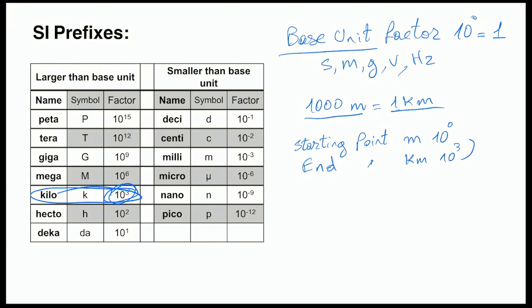What we're going to do is take the difference between the two, and the difference is going to be 10 to the power of 3. We subtracted 3 and 0, and we got the answer of 3. So we're going to either multiply or divide the number we have, which is 1,000 meters, to get a kilometer.